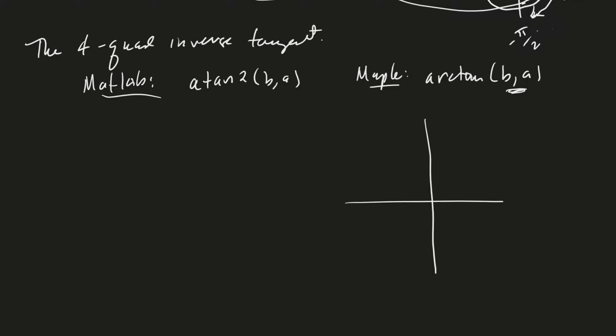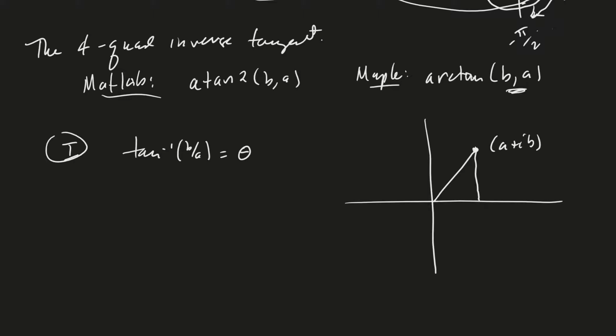The way to think about it is that whenever I'm trying to compute theta, I always consider which quadrant my point is in. If I'm in quadrant 1, then the inverse tangent of b over a is equal to theta. What happens if I'm in quadrant 2?